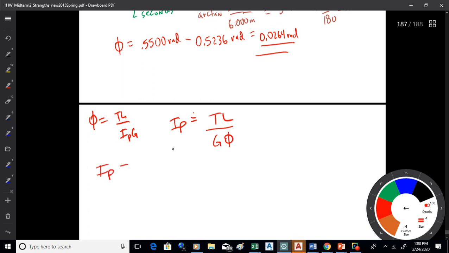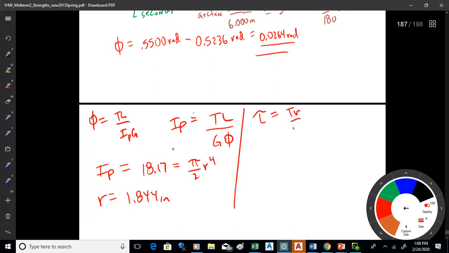So what you get for this one is I sub P is 18.17, and that equals pi over 2 r to the 4. So what r equals in this case is 1.844 inches. Right. Now you've also got that the shear is TR over I. So I sub P, the moment of inertia in a polar sense, is TR over tau.